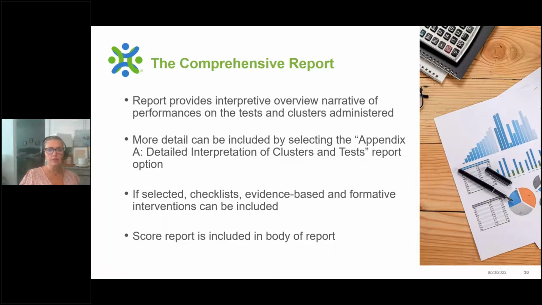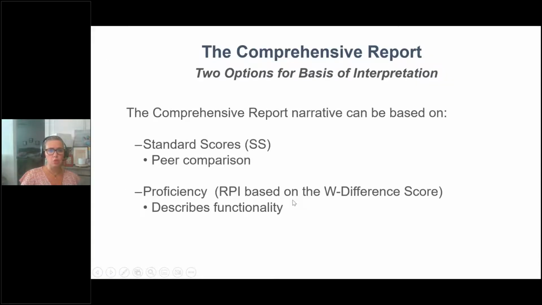Also, if selected, the checklist, the evidence-based and formative interventions can be included within the report. And then the score report is also included within the body of the report.